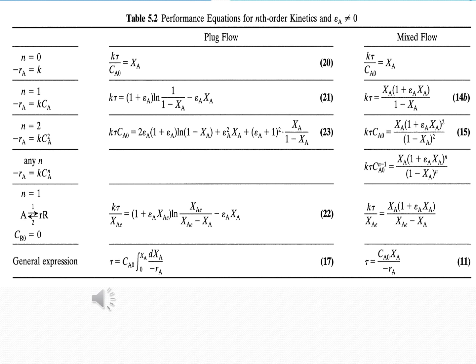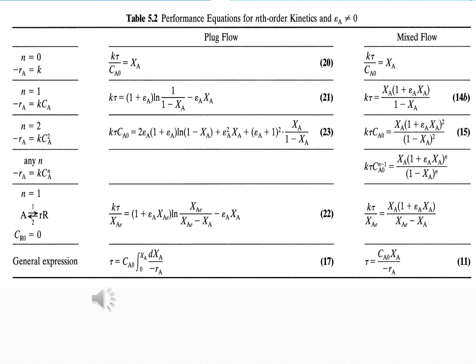So the performance equations for the plug flow reactor are given because the batch reactor is not applicable for the varying density case. So we have the plug flow reactor and the mixed flow reactor performance equations.